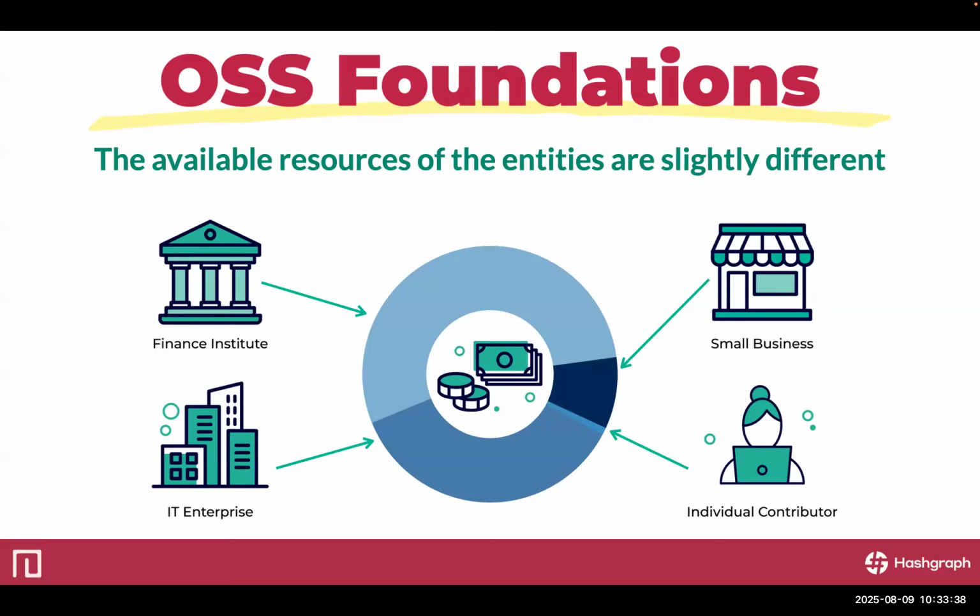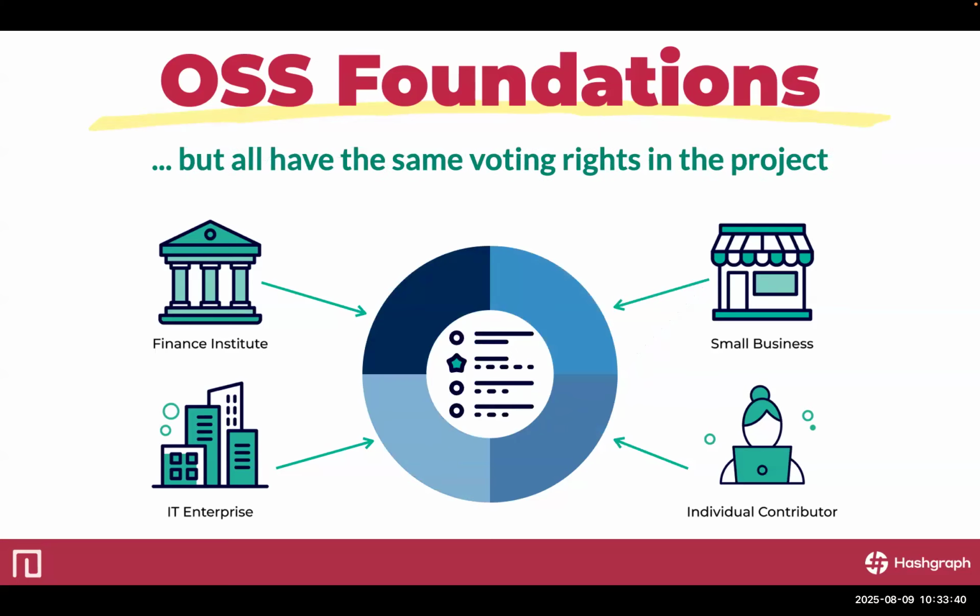But on the other side, and that is the important factor, when it comes to governance, all of them have the same voice, right? You as an individual have the same rights as Microsoft as a full company, if you as an individual are part of that project and maybe part of the committee that is leading that project.